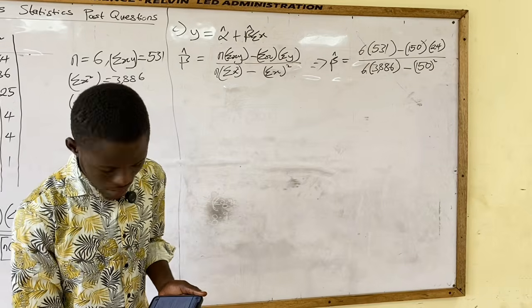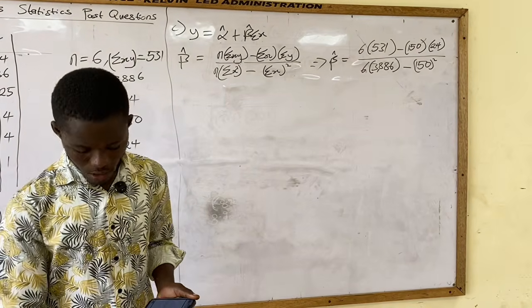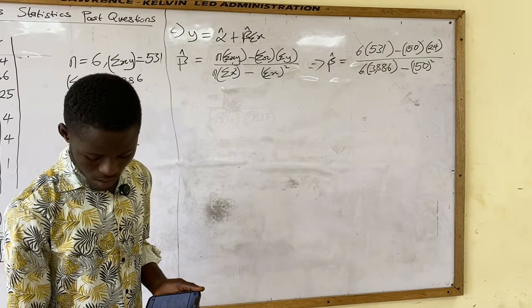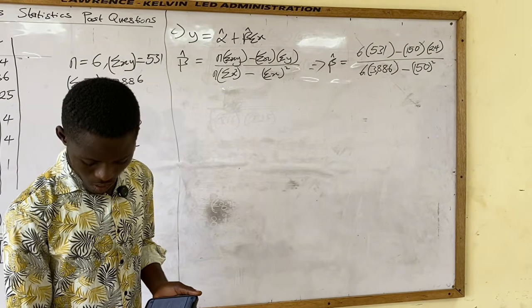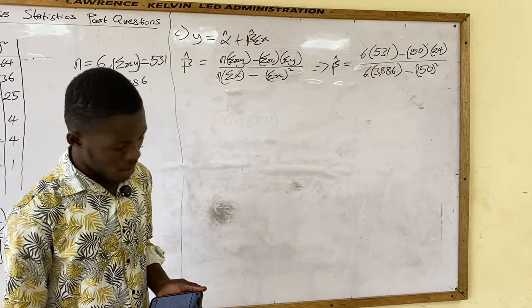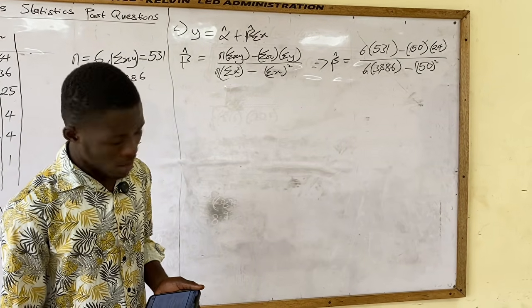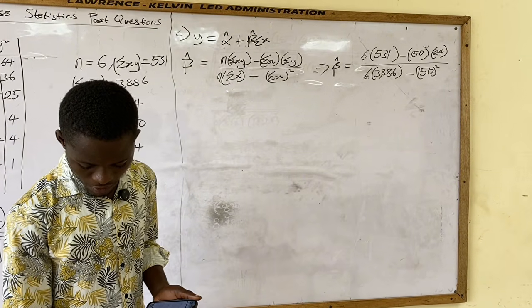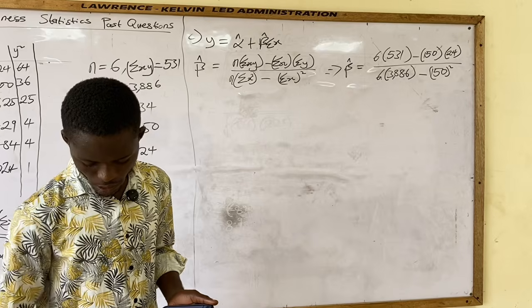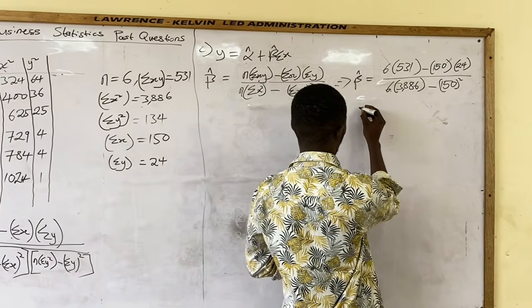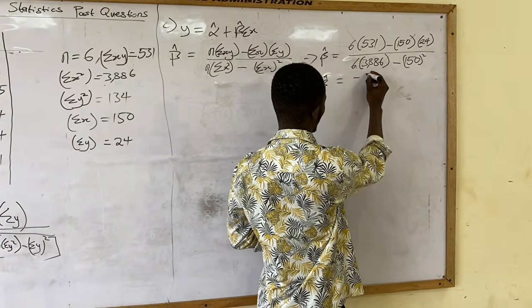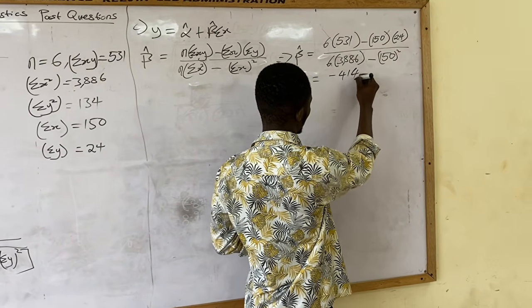Let's do the numerator first. We get 6 multiplied by 531 minus 150 multiplied by 24, and we will get negative 414.